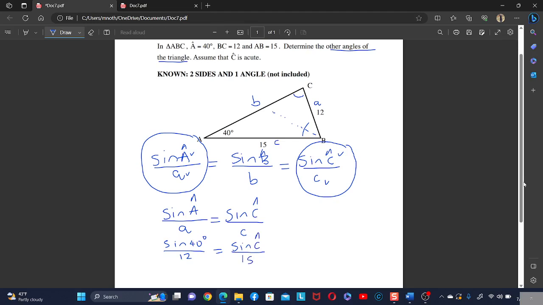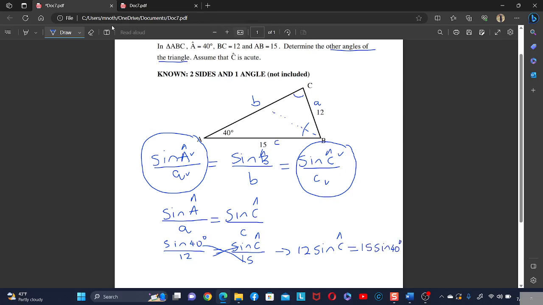Now from here we can cross multiply. If we cross multiply, it is going to give us 12 sine angle C is equal to 15 sine 40 degrees.